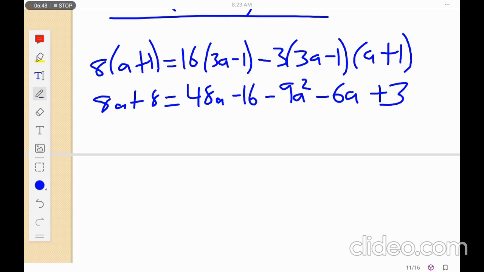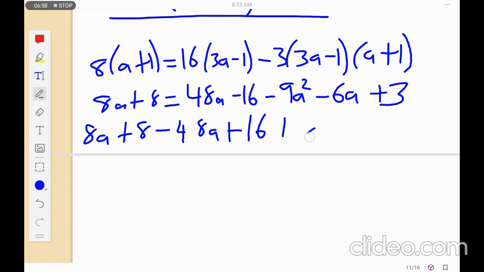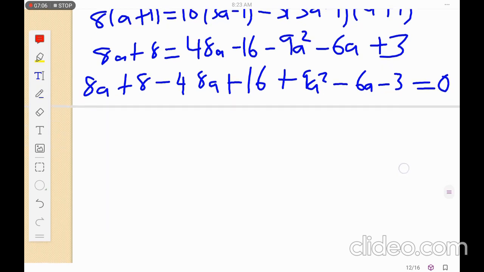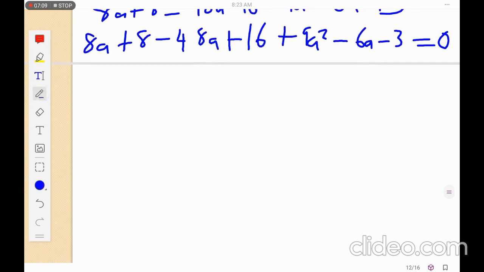Then I can take everything to the left side and have 8a plus 8 minus 48a plus 16 plus 9a squared minus 6a minus 3a plus 3 is equal to 0. Let's simplify this one.